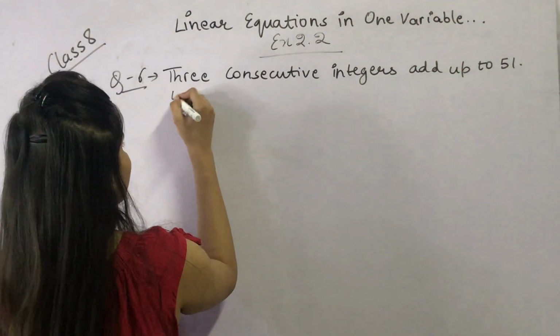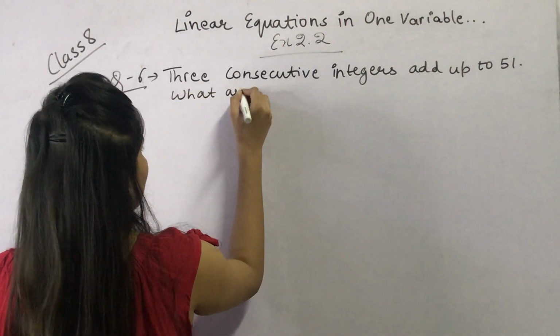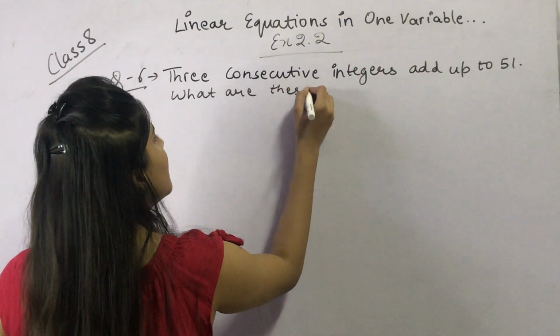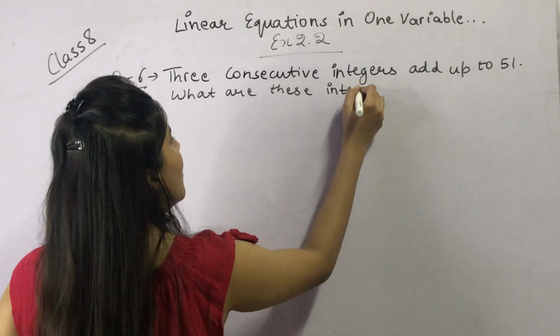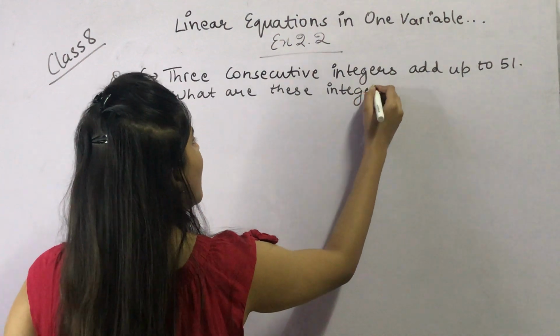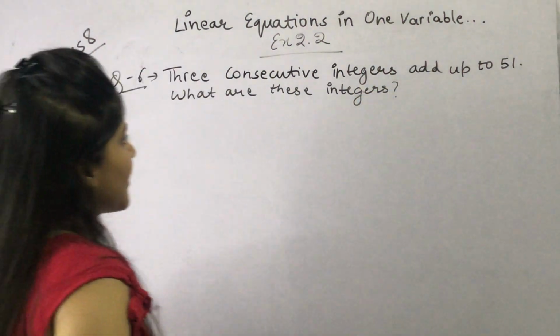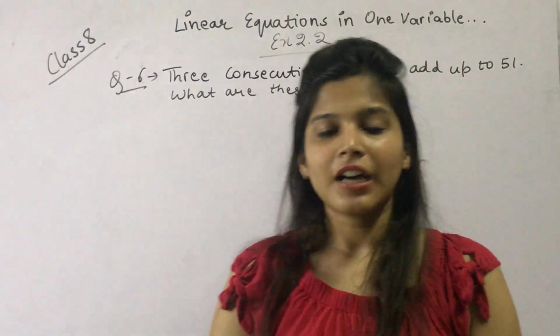What are these integers? Now we are given three consecutive integers that add up to 51.